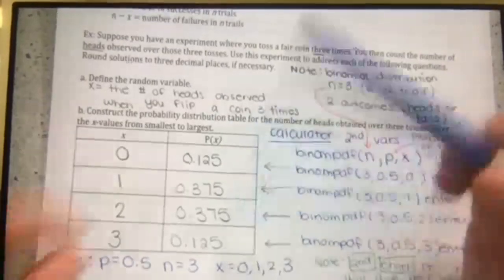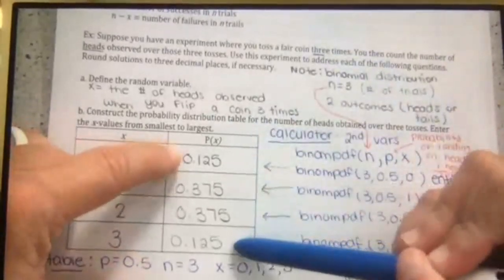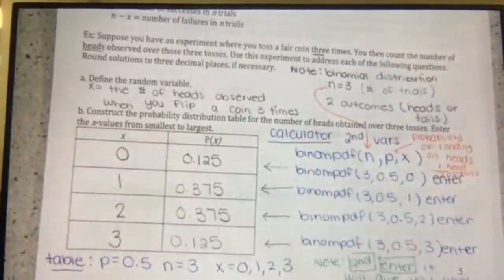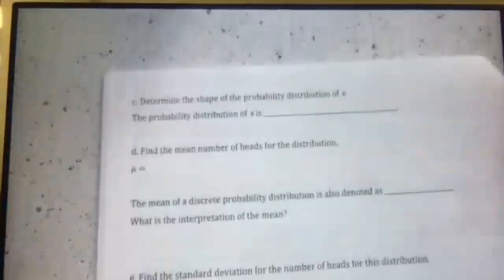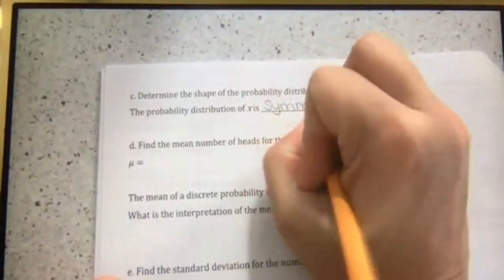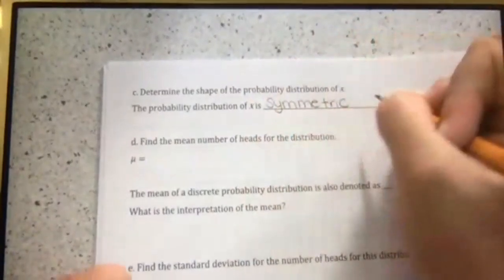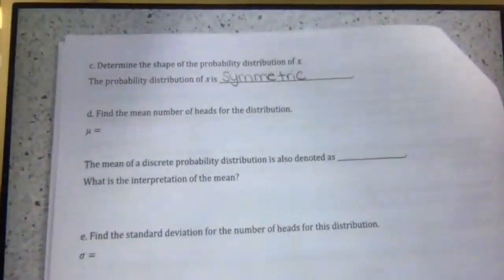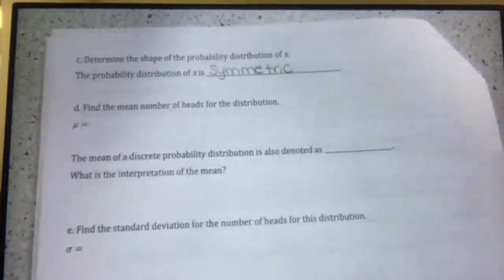I see that it's symmetric, meaning that 0.125 are on my outside and 0.375 is in the middle. So the shape of x is symmetric. It's not skewed left or right. There's not a hump and then a tail. It's symmetric.